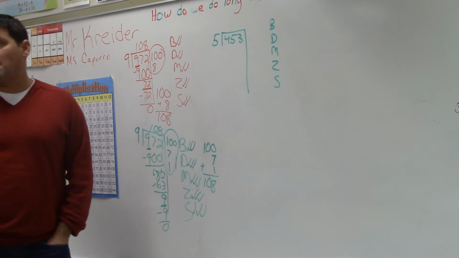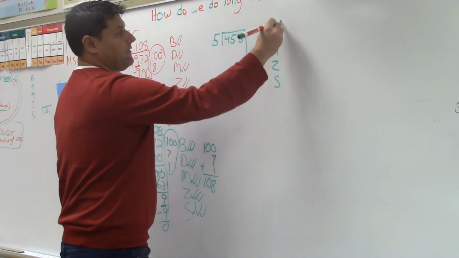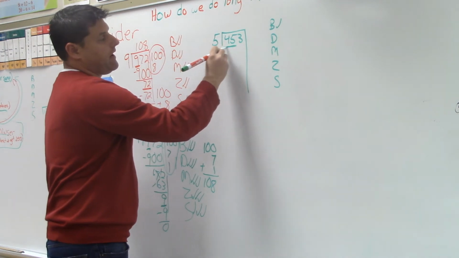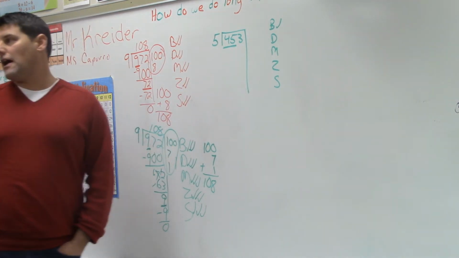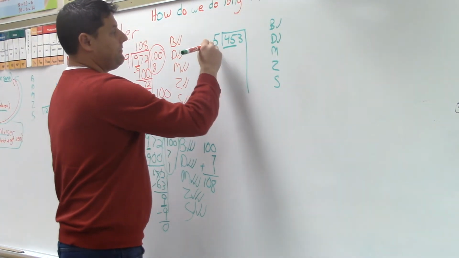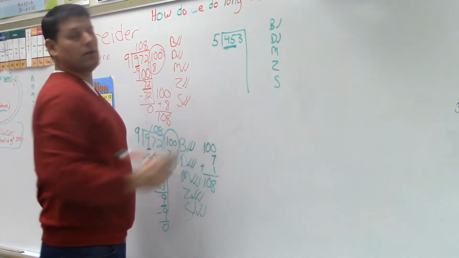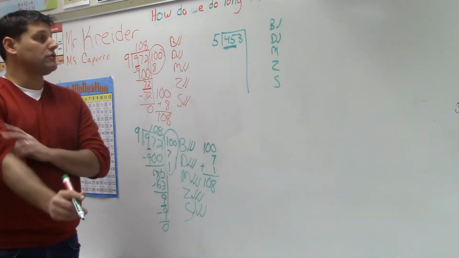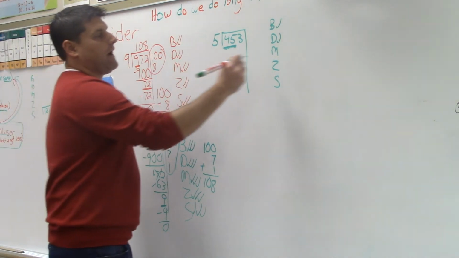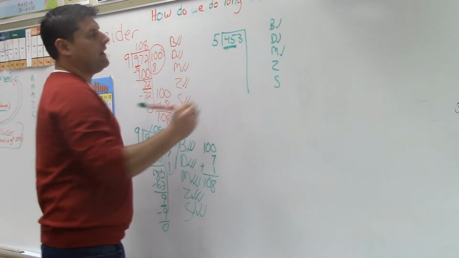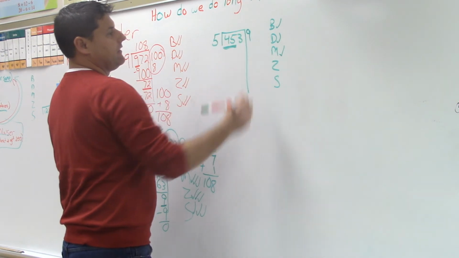So, our first step, find the bigger number. 4 is not bigger than 5, so we have to combine 4 and 5 for 45. Then we divide 5 into 45. That's why we underline 45. That's the number we're dividing into, also the number we're going to subtract from. Okay, so 5 goes into 45 9 times.